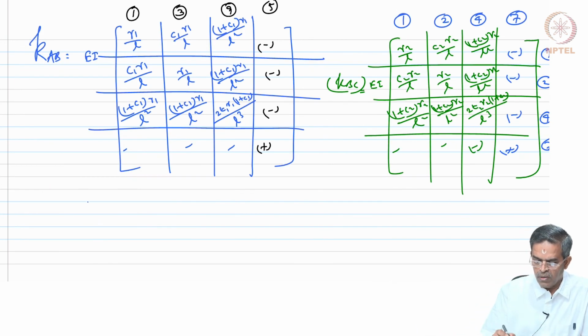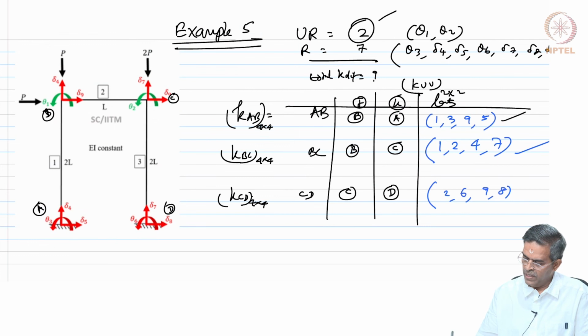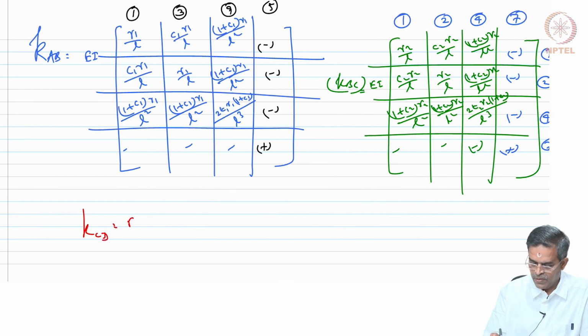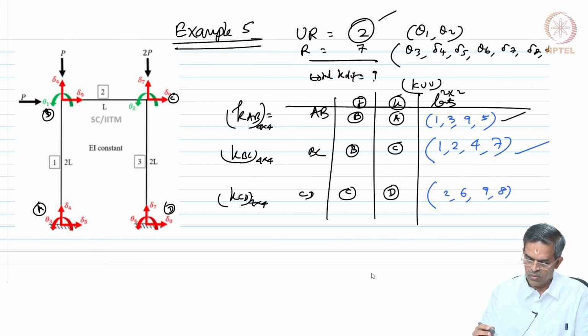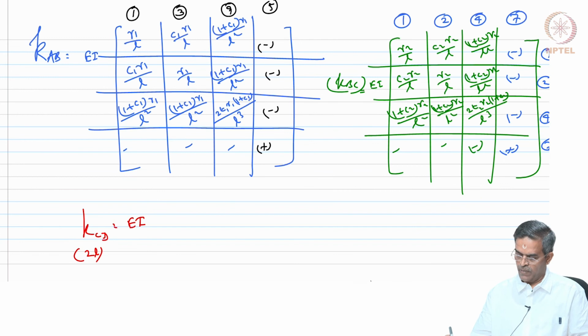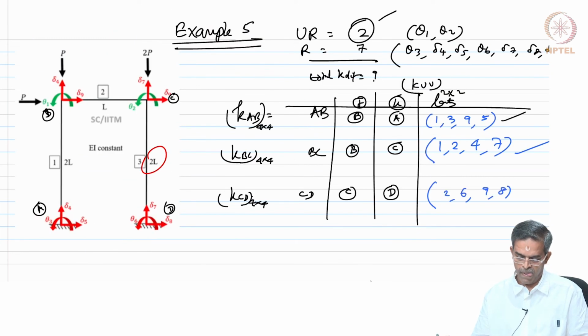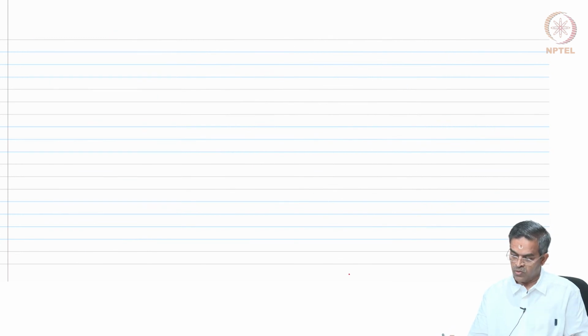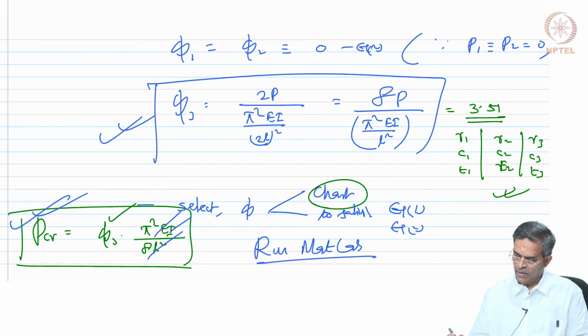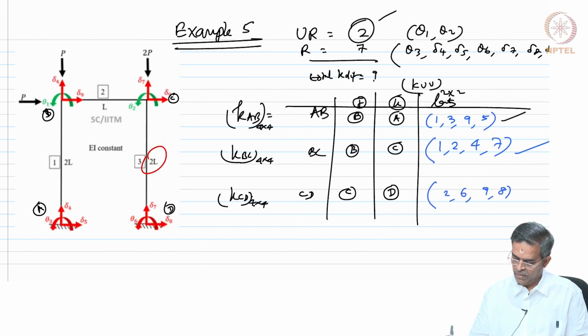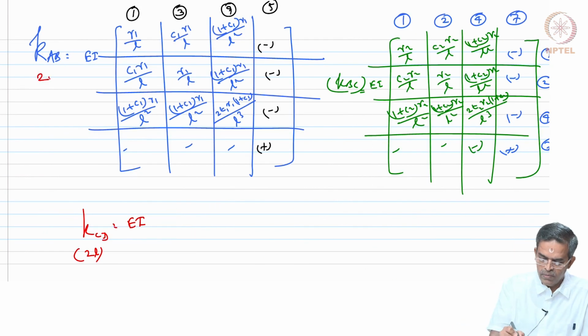So, let us do it for KCD, which is E times of, we should remember the length is 2L in this case, is it not? It's also 2L in this case, so we have to be careful. Even this also 2L, even this also 2L.